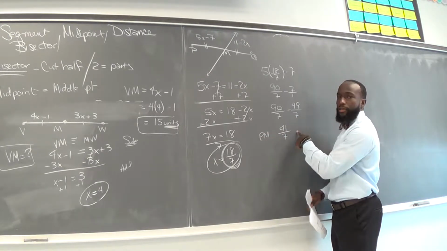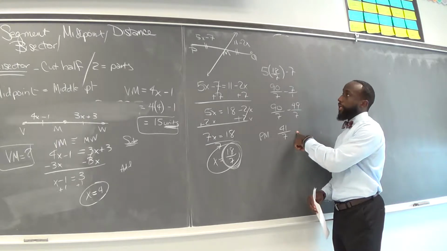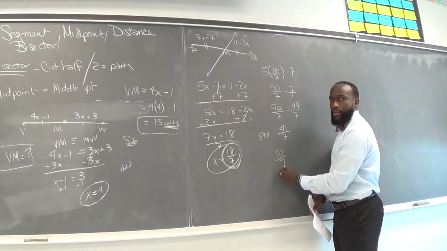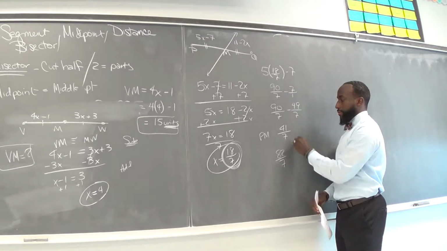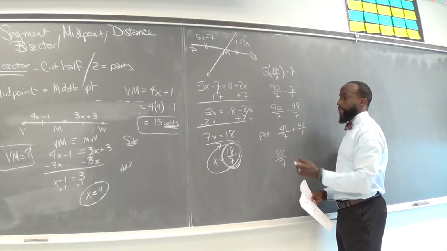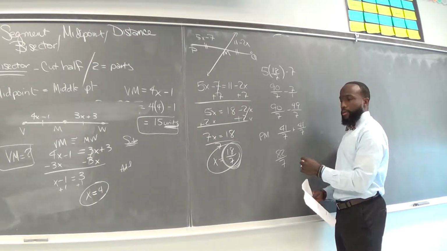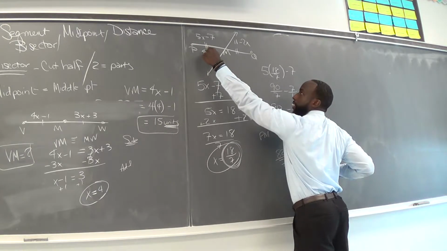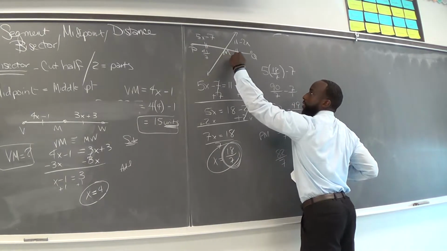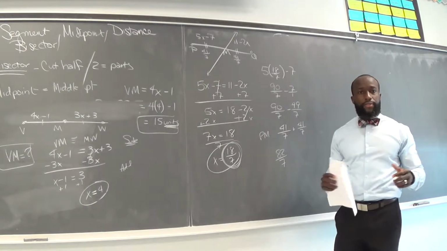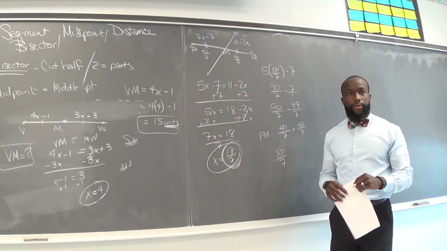So you add another 41 over 7 to get the whole thing, so we can say 82 over 7. Both of them are 41 over 7, right? They're congruent. This is 41 over 7, and this is 41 over 7, and that equals 82 over 7. Pretty much, when they're like that, you just need to find one. We all good?